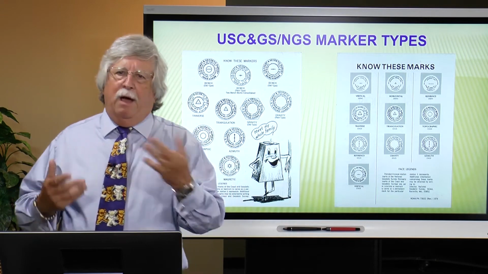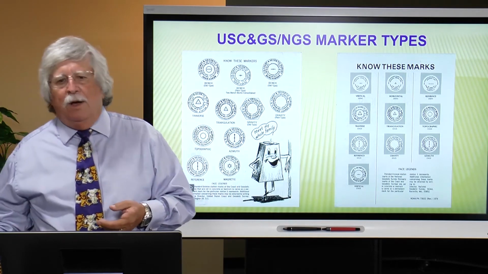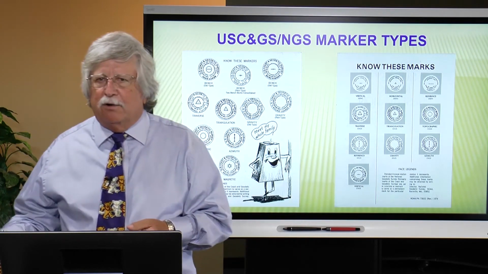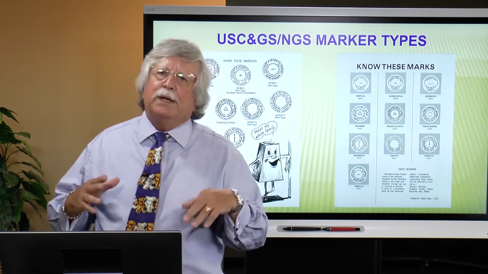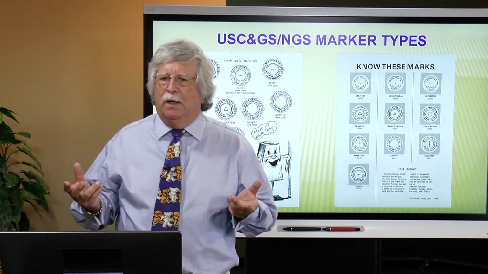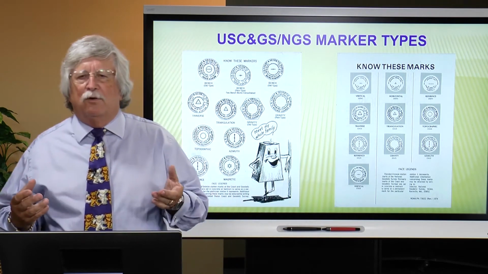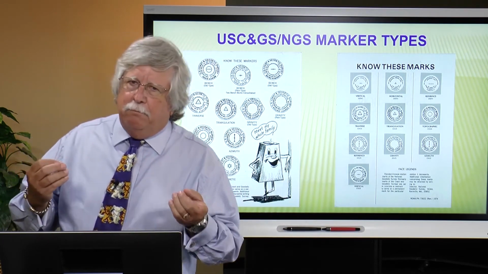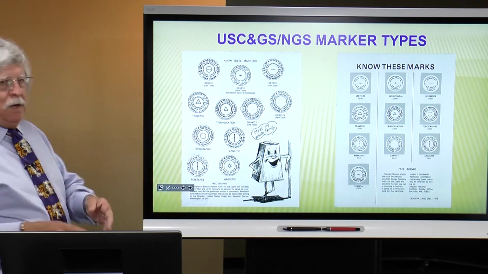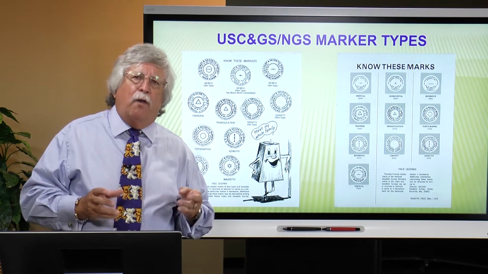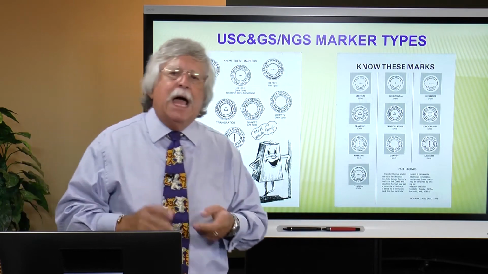A gravity mark could easily also be a geodetic marker for horizontal positioning. So realize this is not an absolute, but it's a generalization that the different types of markers had specific meaning and define specific activities.